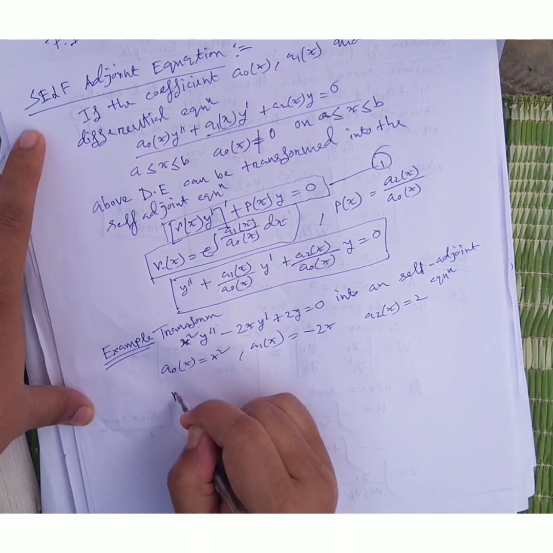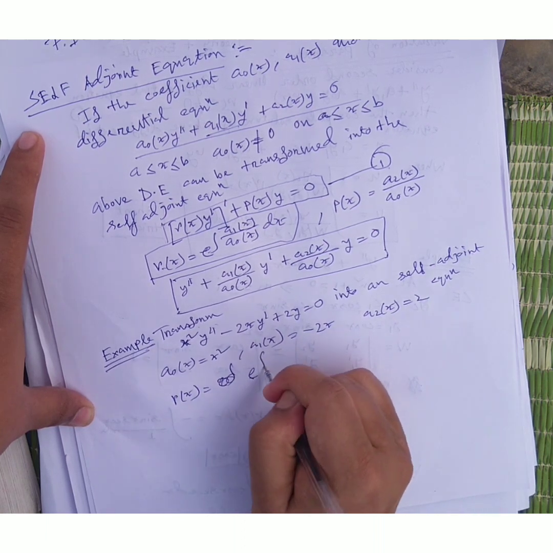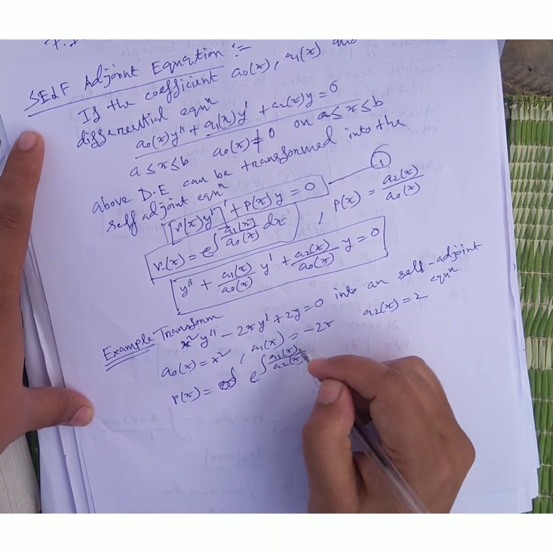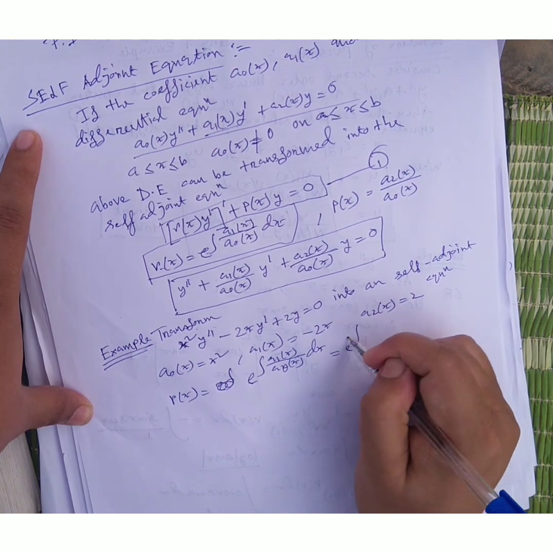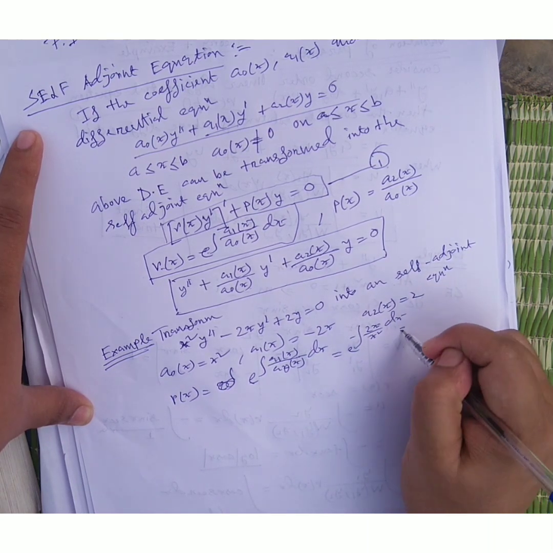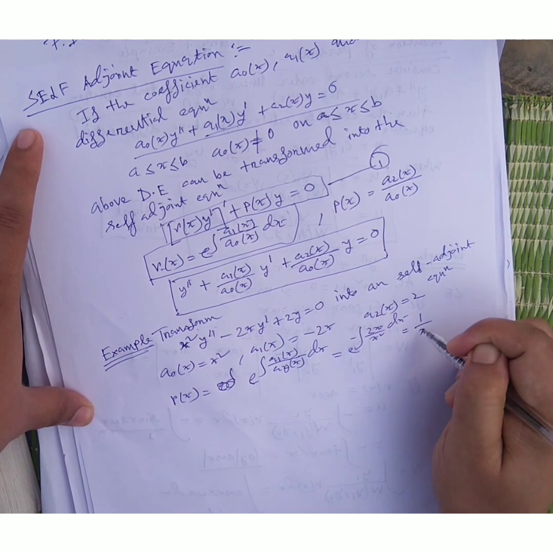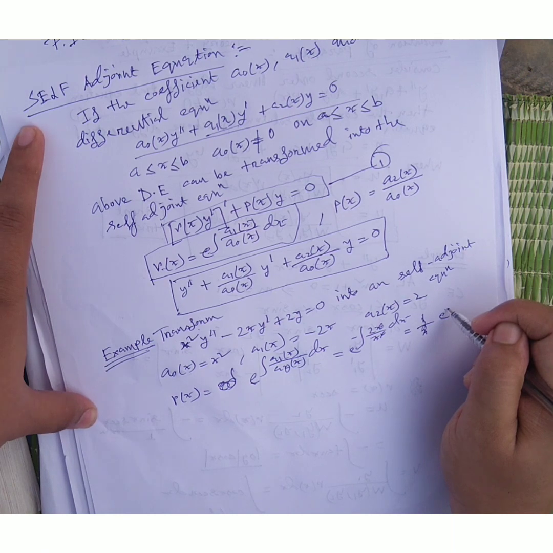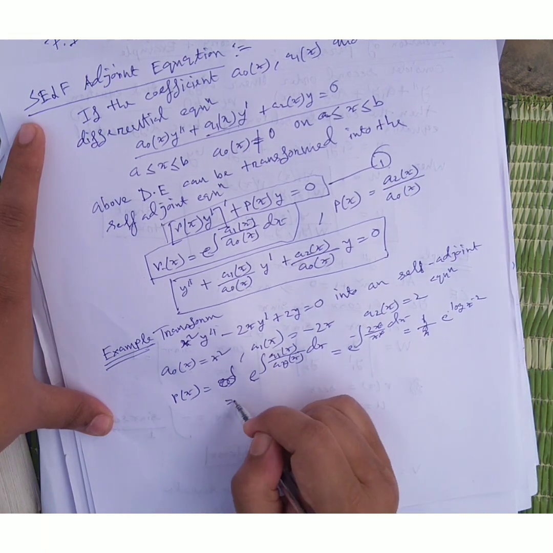So R(x) is equal to e to the power integration of a1(x) divided by a0(x) dx, which is e to the power integration of minus 2x divided by x square dx, which is 1 by x e to the power log x to the power minus 2. So I get 1 by x square.